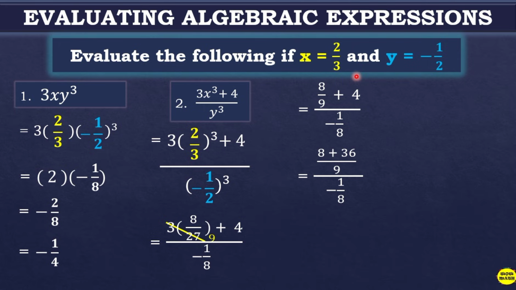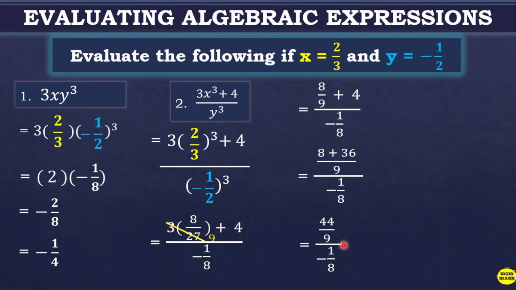And then, 9 times 4, 36. And then, 9 times 1, 9. Diba? May denominator tayong 1 dyan. So, cross multiply. Yun ang butterfly. So, 8 plus 36, that is 44 over 9.